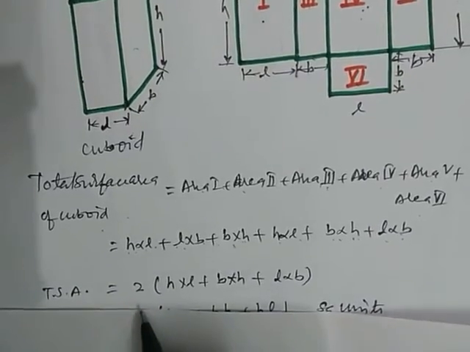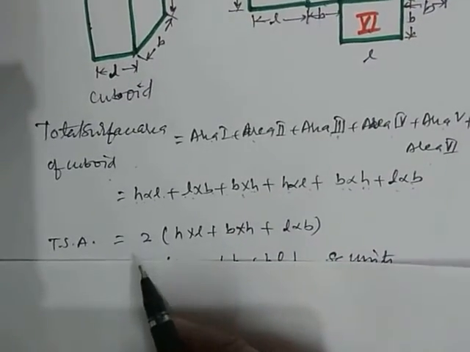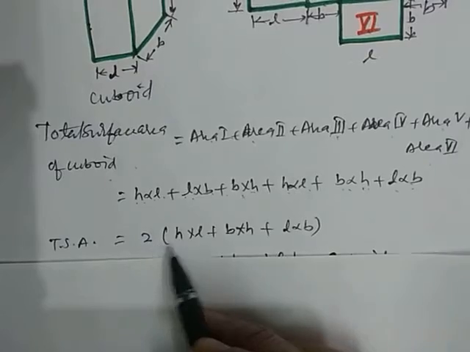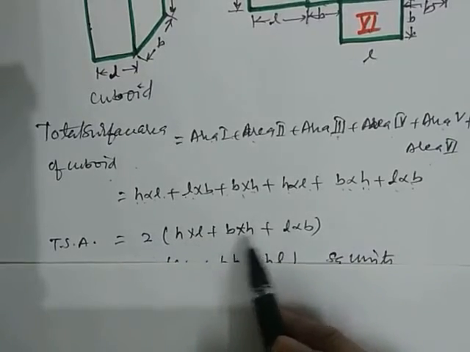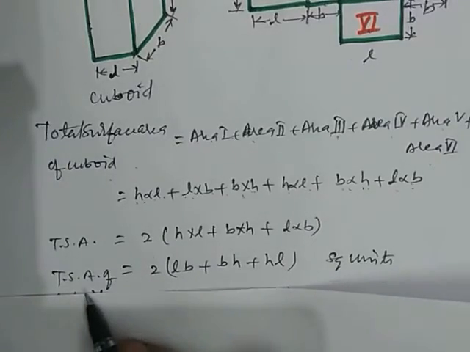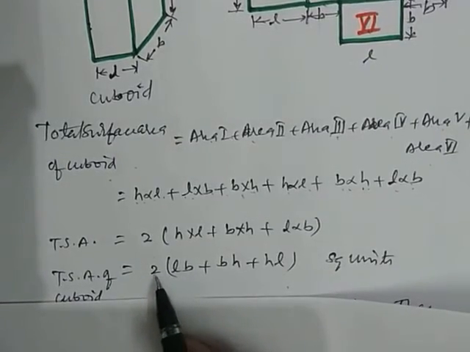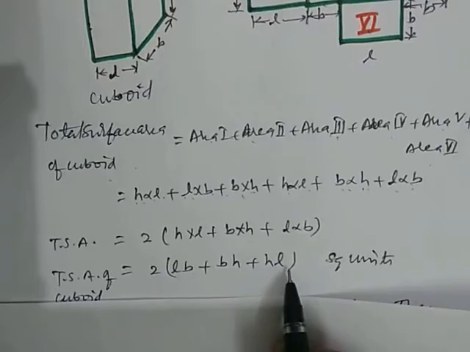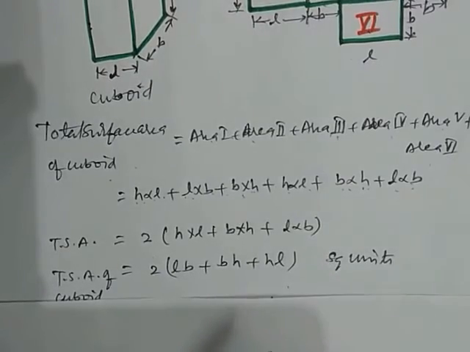So we take 2 common, so this becomes L into B plus B into H plus H into L. So we can say the total surface area of a cuboid is 2 times (LB plus BH plus HL) square units.